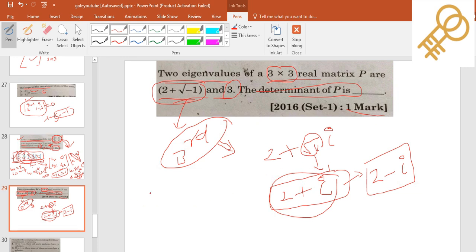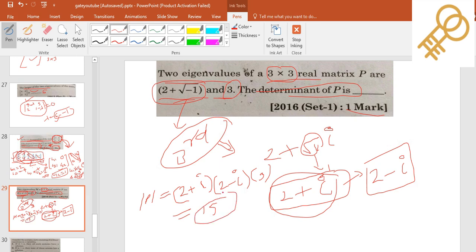So the determinant of P will be equal to 2 plus i into 2 minus i into 3, right? So when you multiply all these, you'll get 15 as the determinant of the matrix. So 15 will be your correct answer.